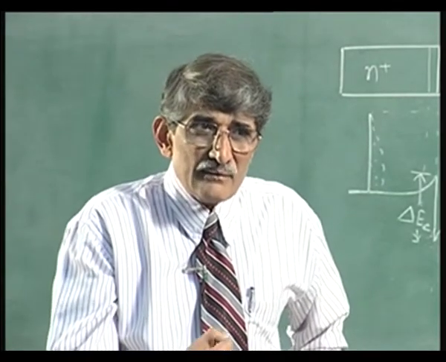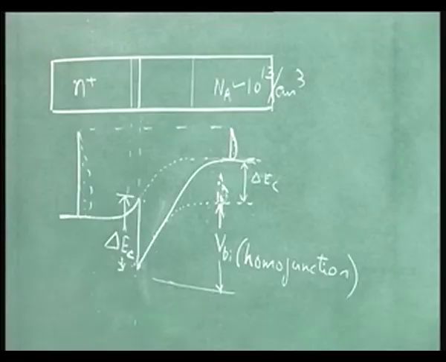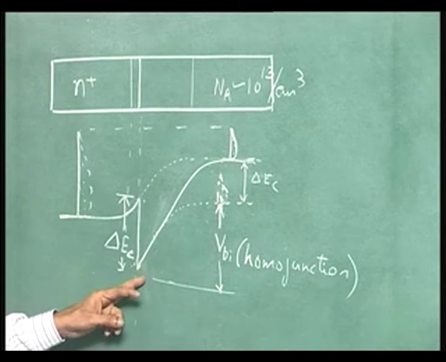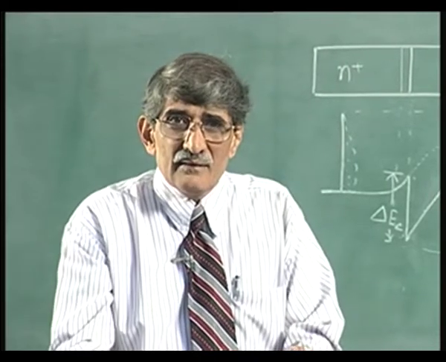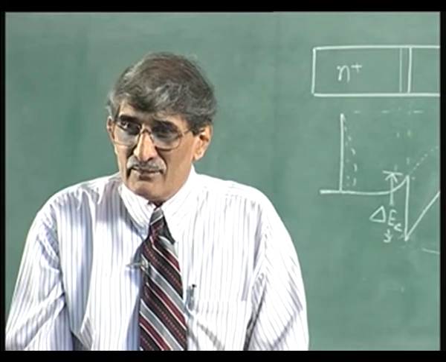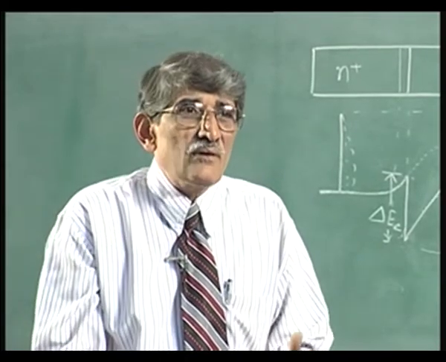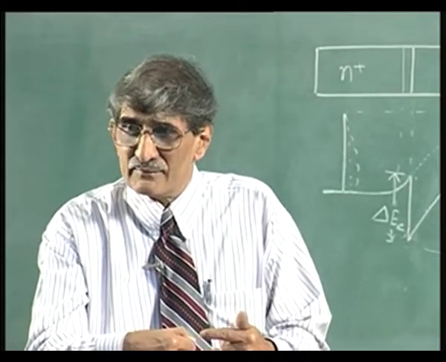Okay. Now, you can visualize, once the band bending is more, what happens to the electron concentration here. If you recall, in the case of MOSFET, if the band bending keeps on increasing, it gets inverted on the surface. So, in the case of homojunction, you can say that at the junction it is close to the intrinsic point.